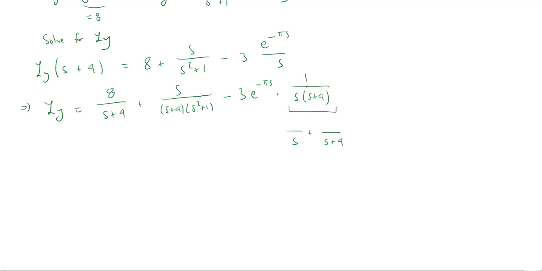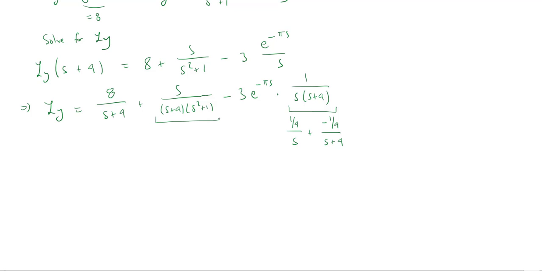To get the s, I cover up this s and make s equal to 0, so 1 over 4. And to get the coefficient over s plus 4, I make this s equal to negative 4, right? The root of s plus 4. So I get 1 over negative 4, or negative a fourth. All right, so that was the easy one.